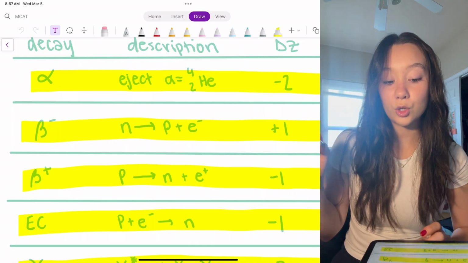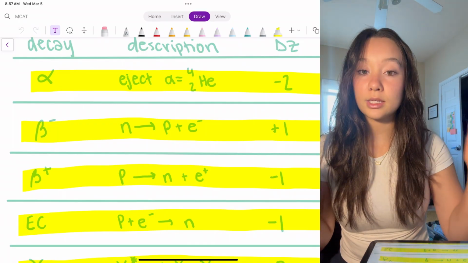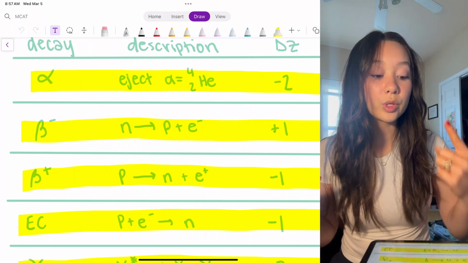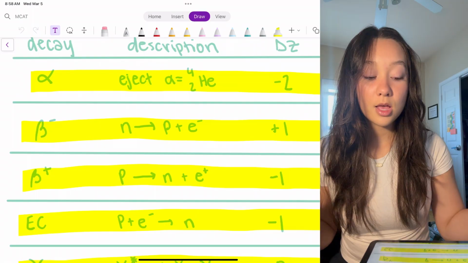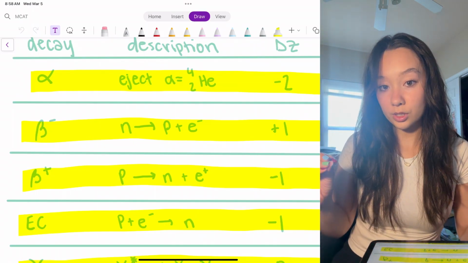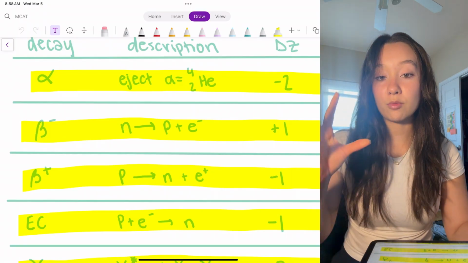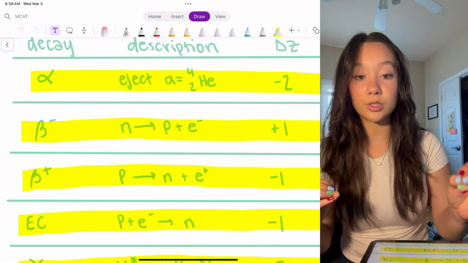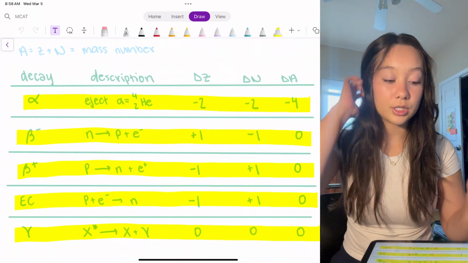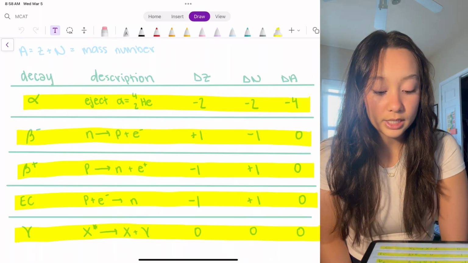So neutron, no charge, we're turning it into a proton plus and an e minus, which also adds up to no charge. Beta plus, we know that we're forming a positron. How we get a positron is we change a proton and turn it into a neutron plus a positron. So we have a plus charge, and then a 0 and a plus, which is also a plus charge. We can also see here the changes in Z, N, and the mass number for all of these.